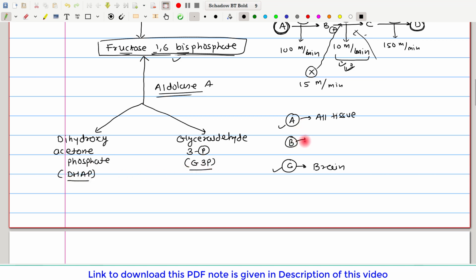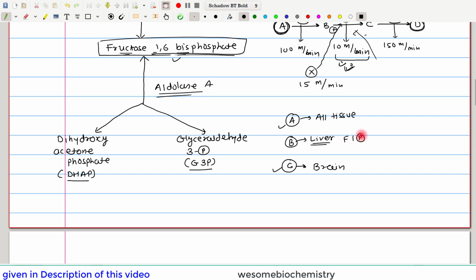Whereas aldolase B is present in the liver. It is the hepatocyte isozyme of aldolase A, and here it is catalyzing a different reaction. Which different reaction? It breaks down fructose 1-phosphate into dihydroxyacetone phosphate and glyceraldehyde.